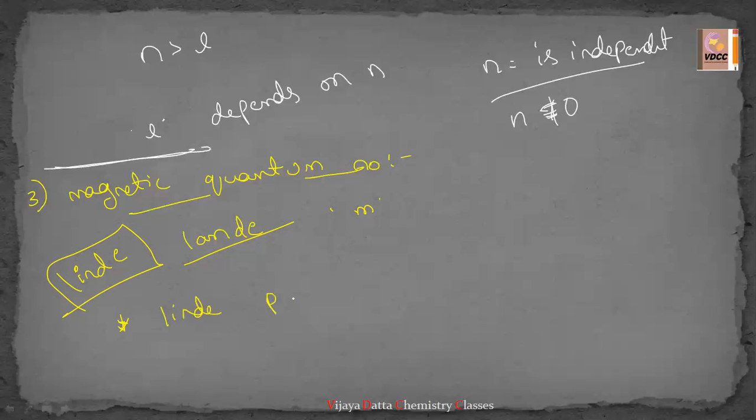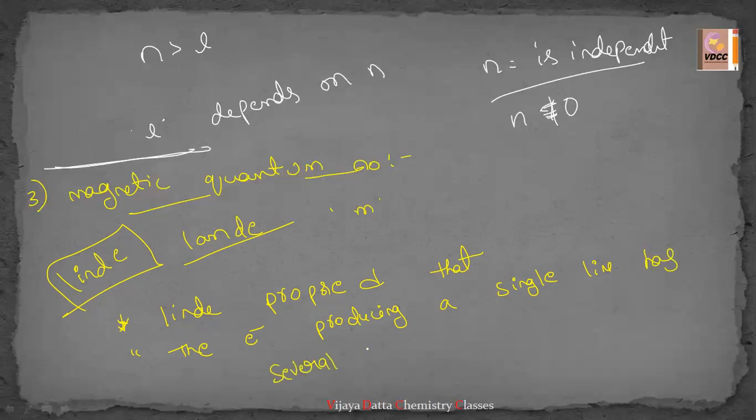Lande proposed a very important statement: the electron producing a single line has several possible spatial orientations.